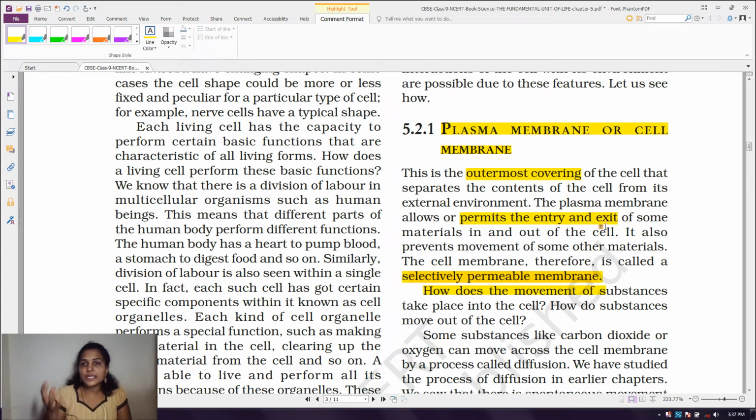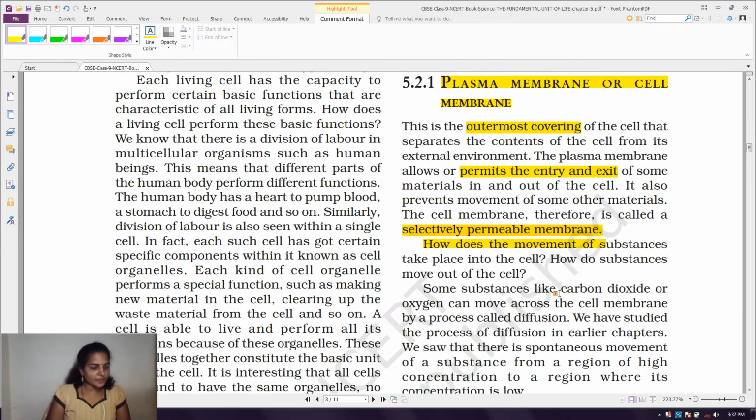So whatever things are important to the cell, it allows those things inside, and if it found anything is not important to the cell, it will send those things outside, right? So it will selectively permeable, so that the word came selectively permeable membrane.